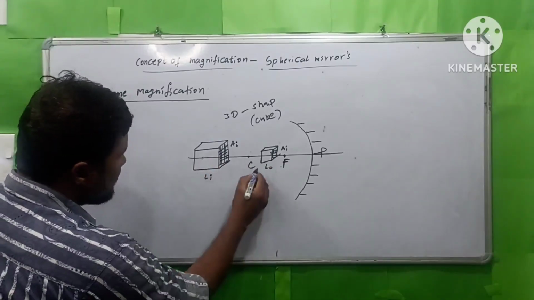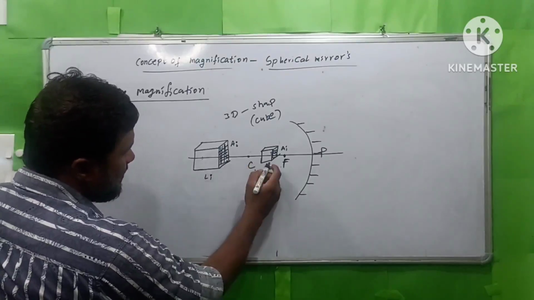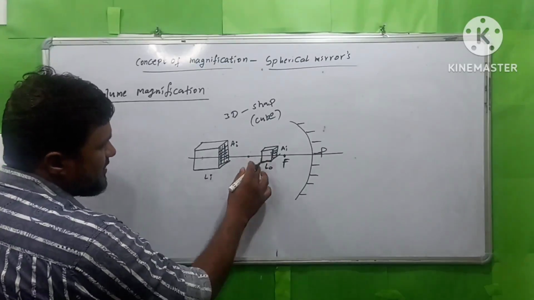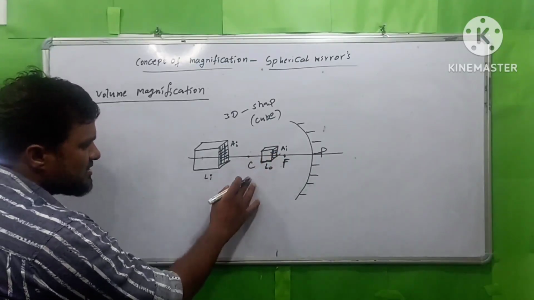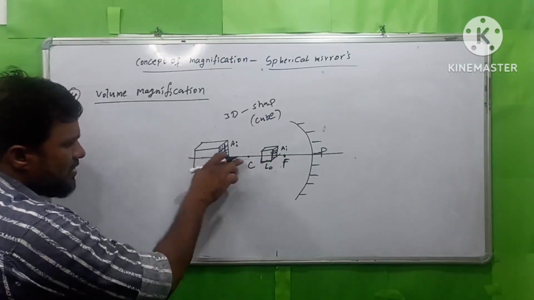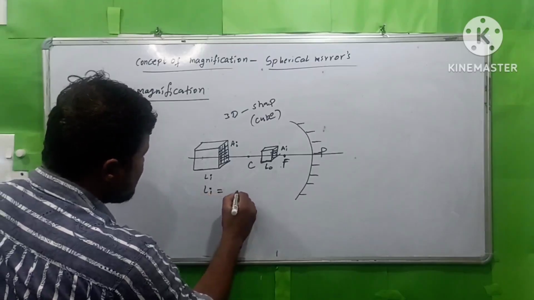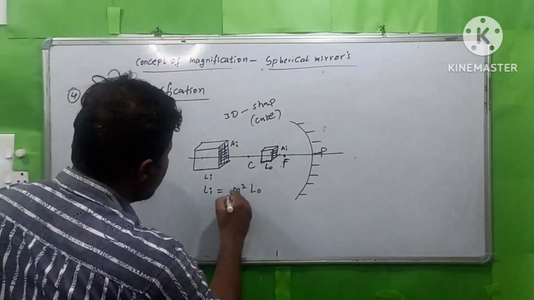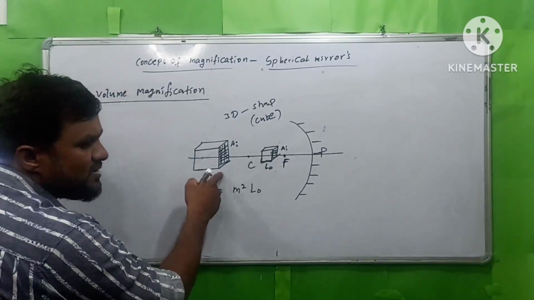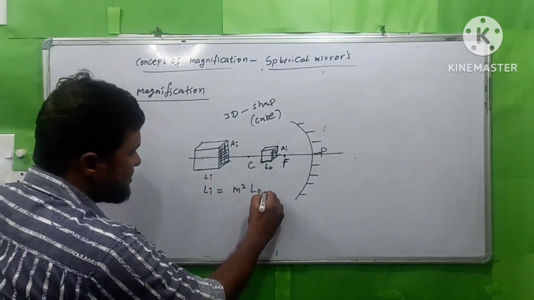Here if you observe, length of the object in the direction of principal axis, that is along the principal axis. Length of the image along the principal axis is m square times length of the object. Why? Because it resembles longitudinal magnification.